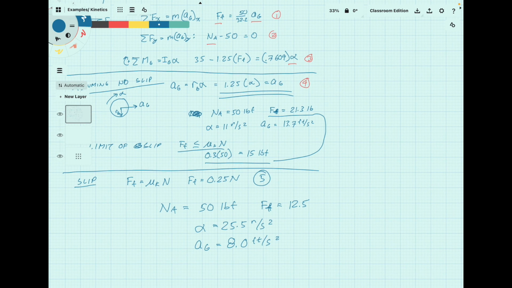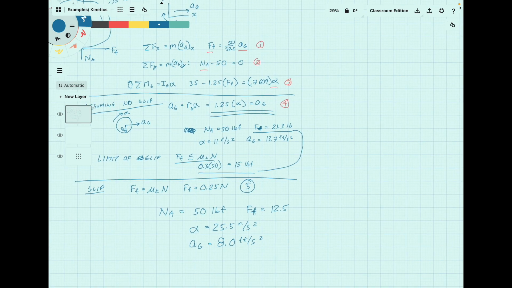So what that would imply, if I look at the accelerations in comparison to each other for the two cases, once it starts slipping, that means that it is rolling faster than it is sliding, essentially. So that makes sense that your alpha term goes up. At the same time, more of the impulse or energy or whatever you want to call it that is causing motion is going into causing the object to rotate.